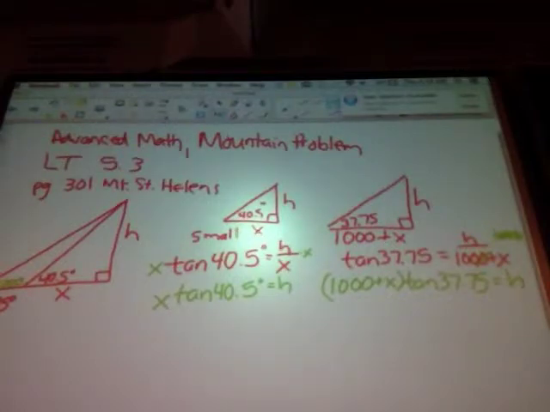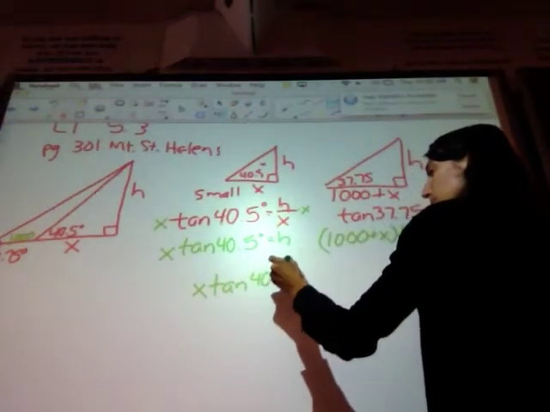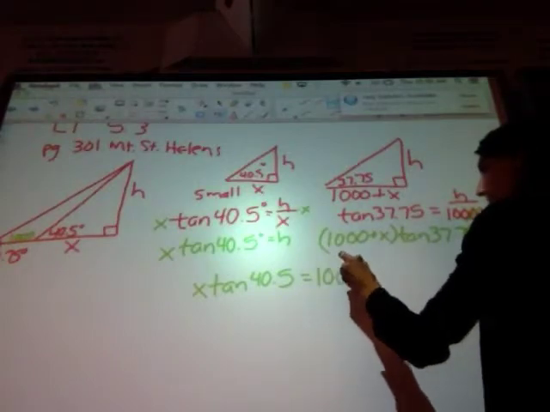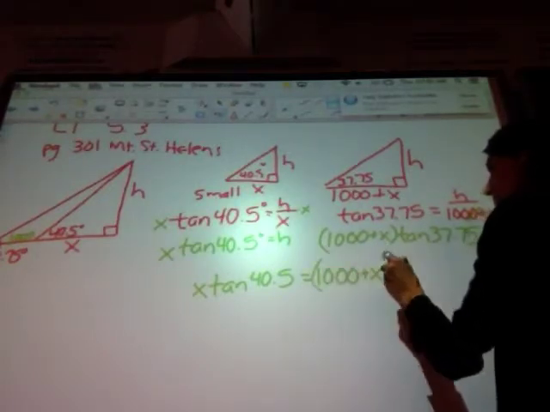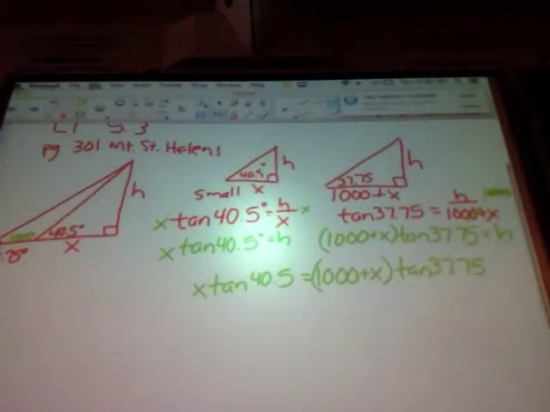Guesses on what we could do? I have H equals something and I have H equals something. Set them equal to each other. They're both equal to H. And now it's just algebra.